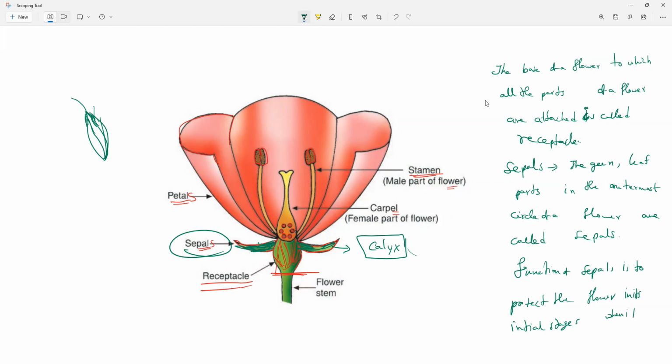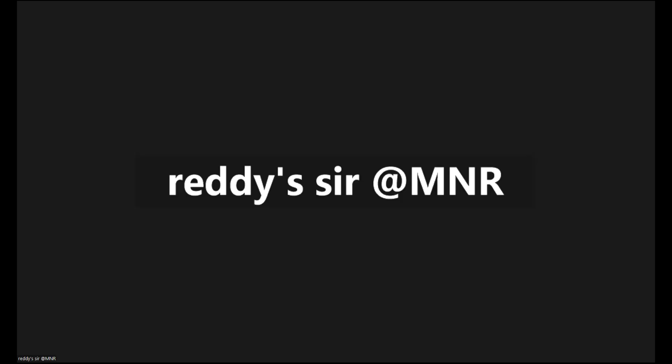When it is in the form of what, guys? It is in the form of a bud. So before development of the flower, the entire flower will be protected.